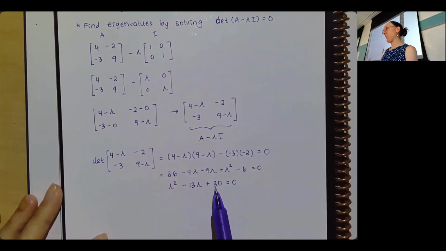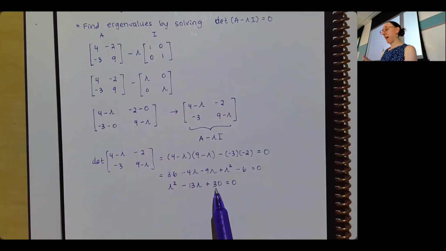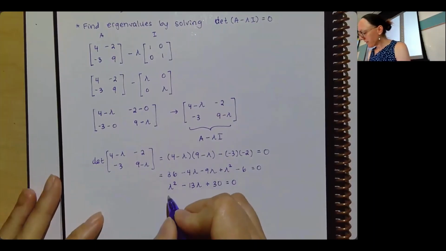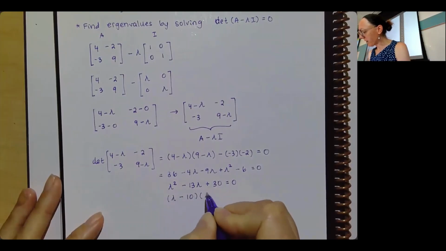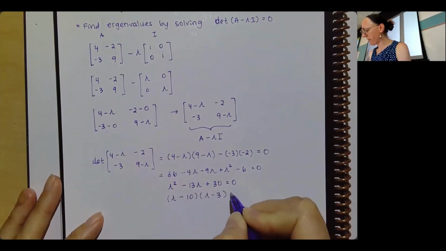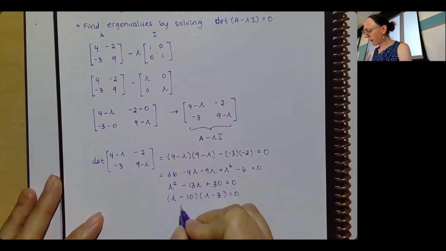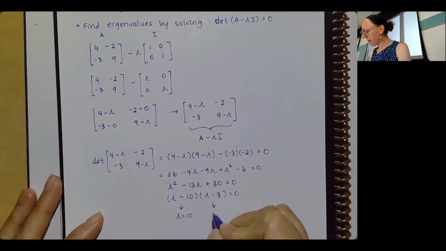Since that's positive, they have to have the same sign. So they're going to both be negative. You don't have a lot of choices. 6 and 5, nope. 3 and 10. Okay. So I've got lambda minus 10, lambda minus 3. So I've got two eigenvalues, 10 and 3.